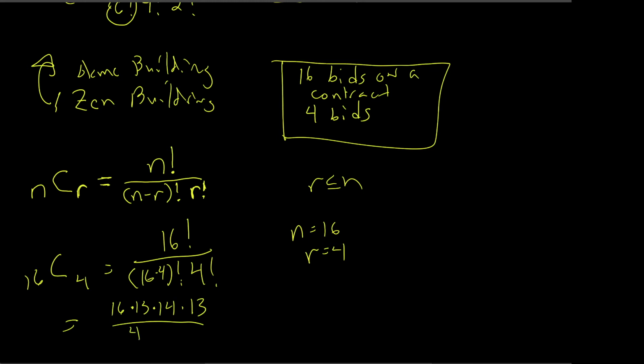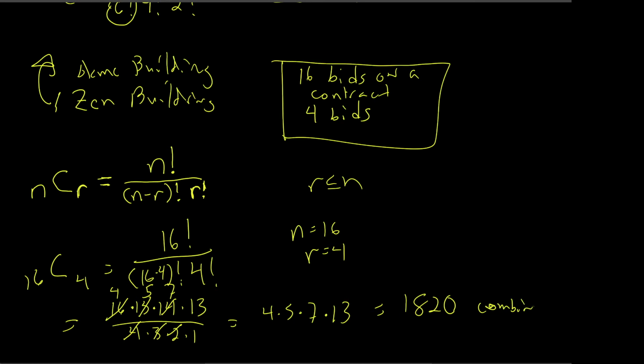Then 4 factorial is 4 times 3 times 2 times 1. That 4 will turn the 16 into a 4, that 3 will turn the 15 into a 5, and that 2 will turn the 14 into a 7. So this is 4 times 5 times 7 times 13, or 4 times 20, 140, 140 times 13, or 1,820 combinations.